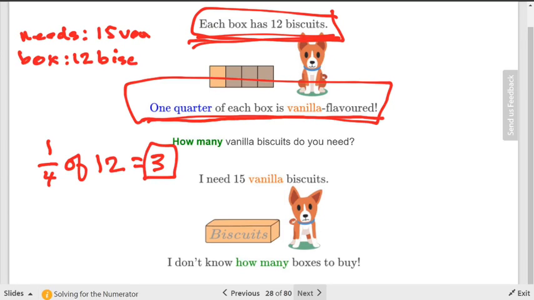That's just 3, right? 12 divided by 4 is 3 times 1 gave us the 3. Yeah? Okay. So that tells us that each box, and notice how I'm writing this out? That's the way you're going to have to write it out when we do an assessment. Yes, I want you to practice. Each box has 3 vanilla biscuits.